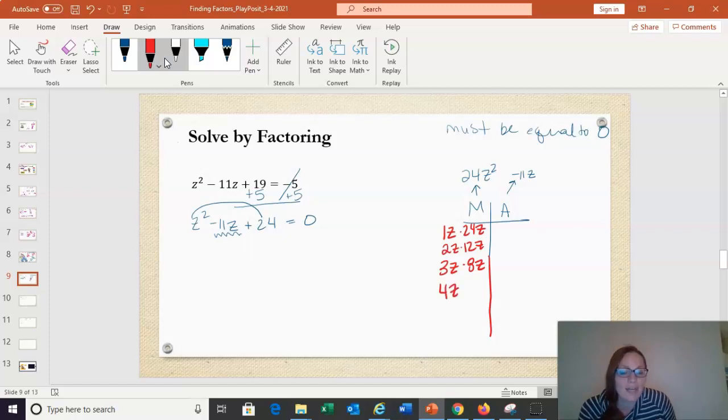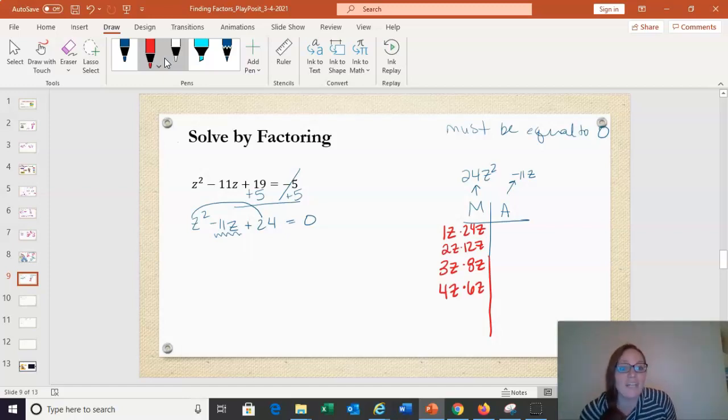See how I'm kind of systematically starting at 1 and going up. 4z and 6z. 5 doesn't work. 6 works, but I already have 6, right? 7 doesn't work. 8 works, but I have it here. 9 doesn't work. 10 doesn't work. 11 doesn't work. 12 works, and I have it here. So you can see we've got the full list now.